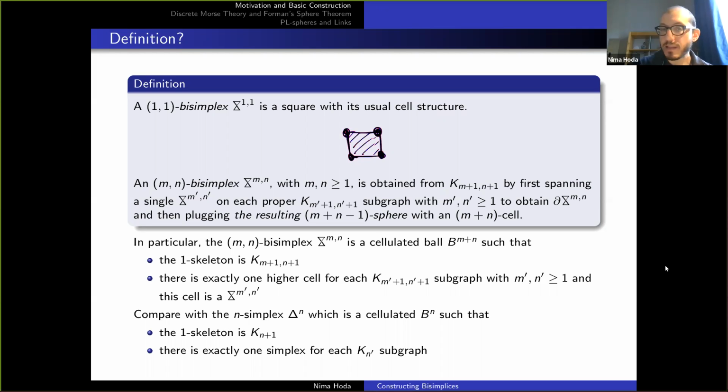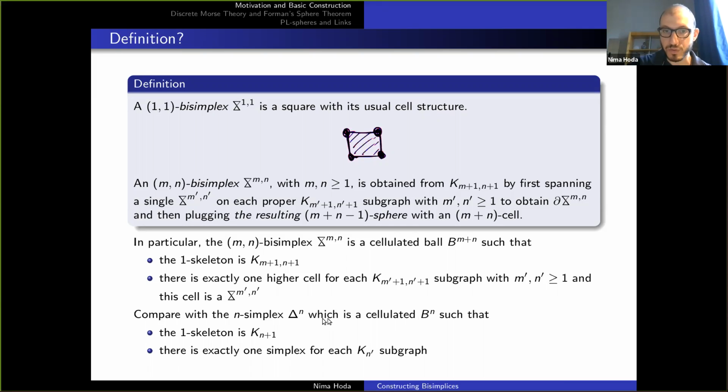I wrote "in particular" there, but I think that roughly will uniquely determine what bisimplices are, because any regular cell complex is fully determined by its poset of cells with the inclusion relation.